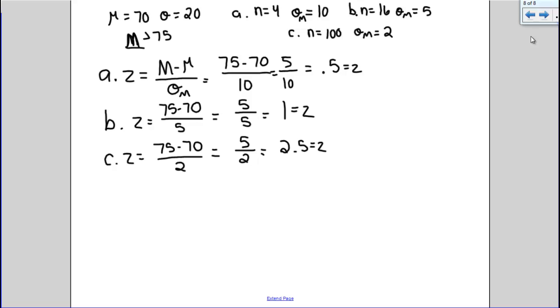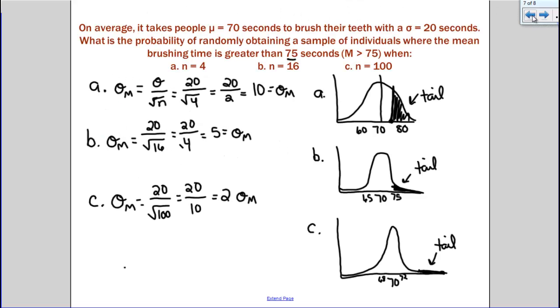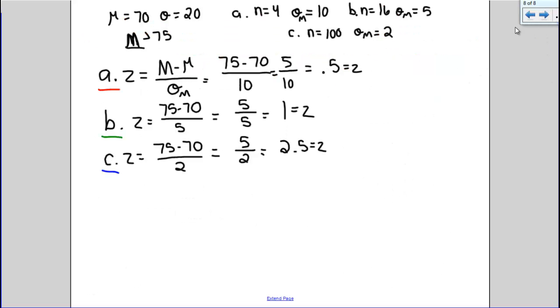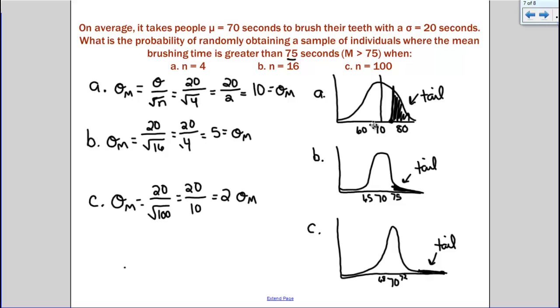I'm going to color code A as red, B as green, and C as blue. And let's go back and look at our distributions real quick. So you can pretty much see that, yeah, for part A, the z-score was smaller because relative to the standard spread of sample means from the population mean, 75 is relatively closer than 75 is for these other distributions.